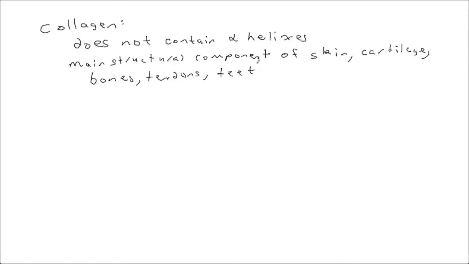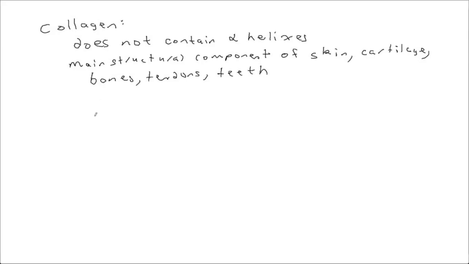So you can see it's pretty important. Let's see, anything I'm leaving out? Okay, I think these are the main things. So I think collagen is the most common protein in the body, because you can see it plays such an important role in all of these very important structures.